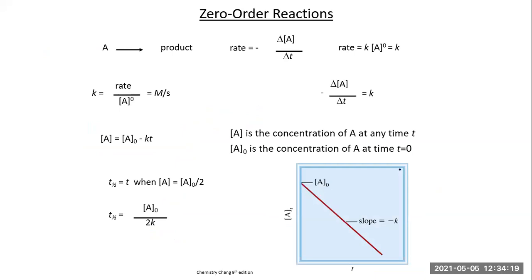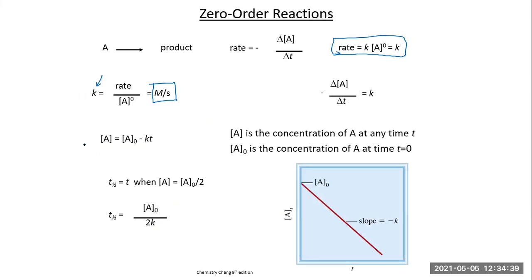If you put that into the rate law here, we basically get that the rate is equal to the rate constant, which means that the units that we associate with k for a zero order are really the same units that we associate with rates, which is molarity over seconds here.